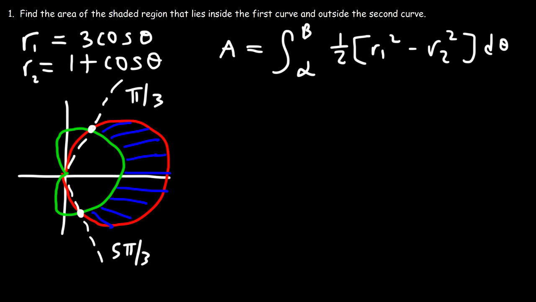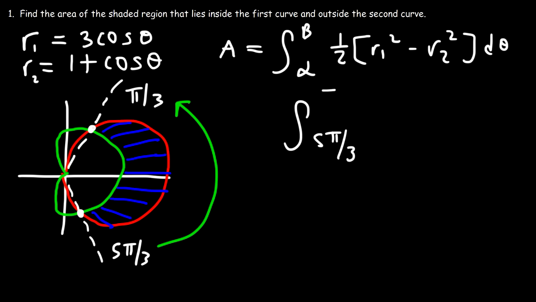Now the real issue is determining what's alpha and what's beta. So can we say that alpha is 5 pi over 3 and beta is pi over 3? Can we integrate it from 5 pi over 3 to pi over 3? If we do so, notice that this answer is basically equivalent to negative integral pi over 3 to 5 pi over 3.